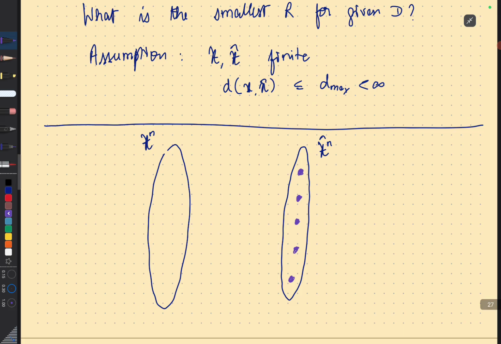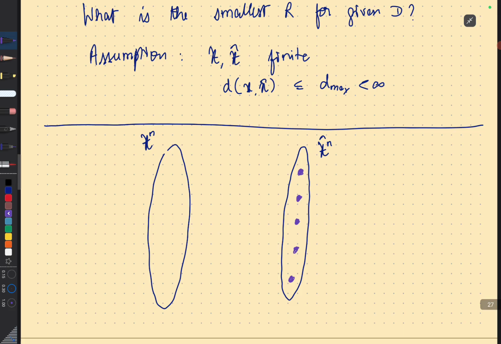So the reconstructed sequence X^n hat can only be one of these blue points. And the goal is to design a mapping. What should the encoder and decoder do? You should design an encoder and decoder such that each point in X^n gets mapped to one of the corresponding blue points.